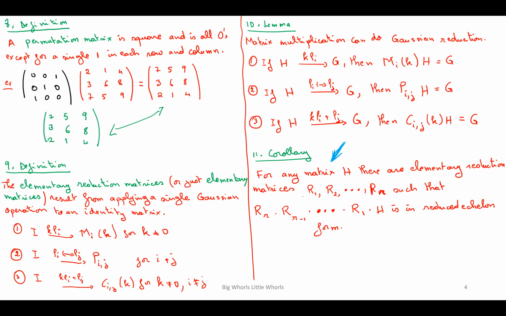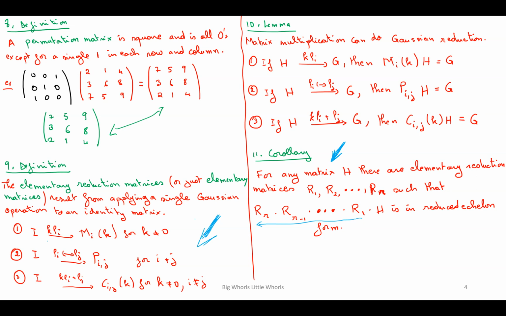And so it says there are elementary reduction matrices R1 till Rr such that if we multiply all those matrices together with H, we are going to get the reduced echelon form. And the order does matter, okay. We are multiplying from right to left. You see, R1 first, R2 next, till Rr last. Is that okay?